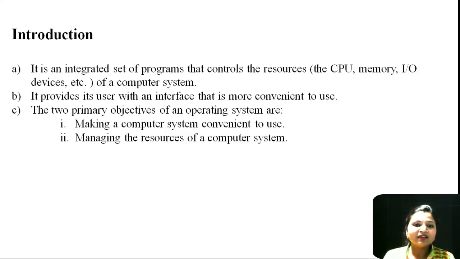Secondly, managing the resources of a computer system. We have different types of resources connected to your system, like your CPU, keyboard, mouse, screen, and printer. How to manage these resources, which resource wants what type of data, which resource the user wants to connect to, and many other things, are all managed by your operating system.